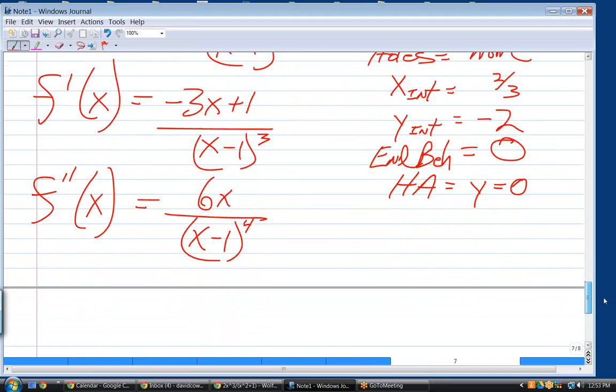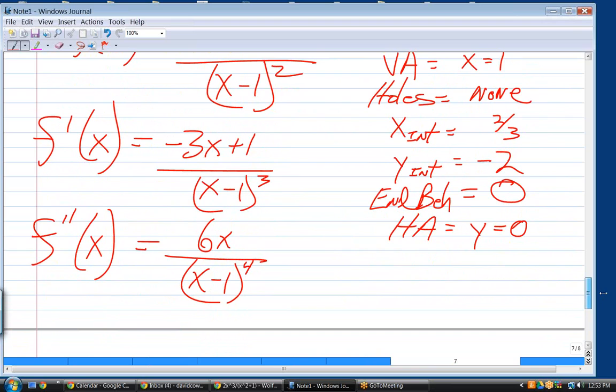Relative max and min. Extrema. Okay, so let's see. If we look at the first derivative, let's talk about extrema. Where is the first derivative equal to 0 or undefined? Is it undefined at 1? It's undefined at 1.